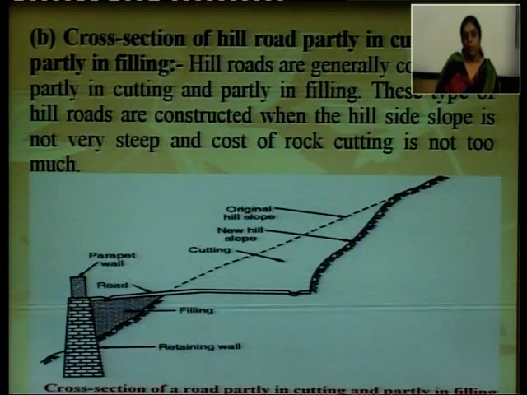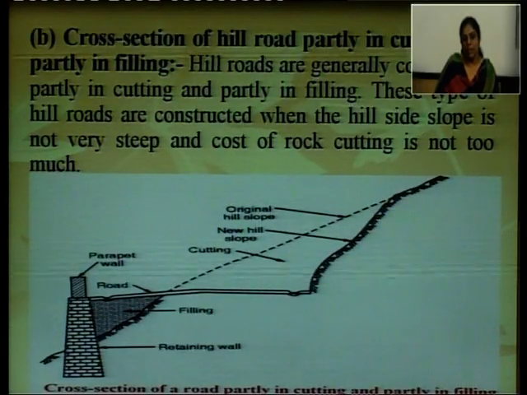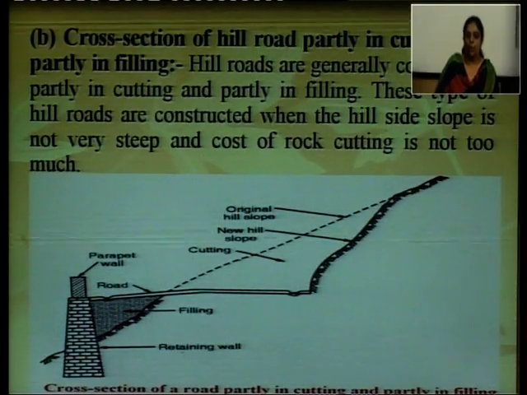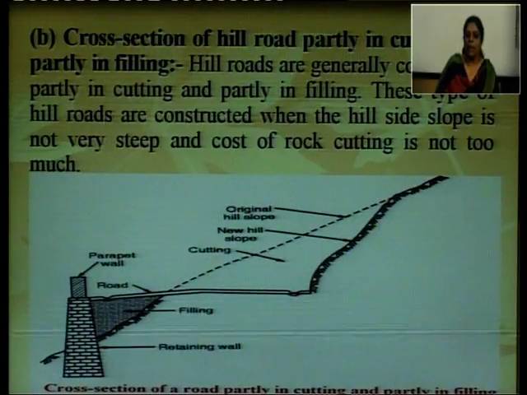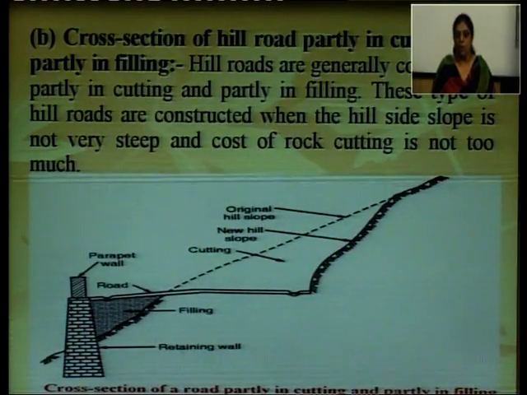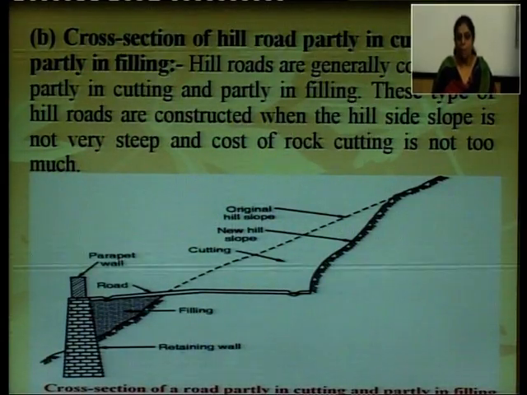So, hill roads are generally constructed partly in cutting and partly in filling, when the hillside slope is not very steep and cost of rock cutting is not too much.